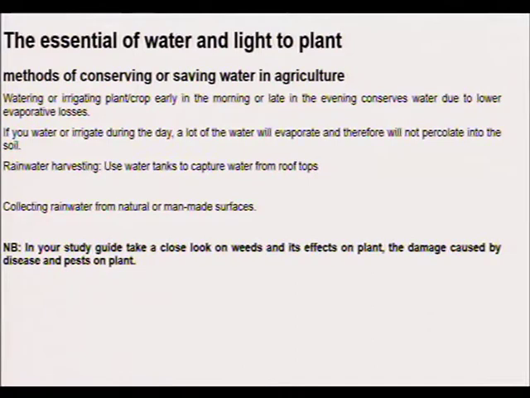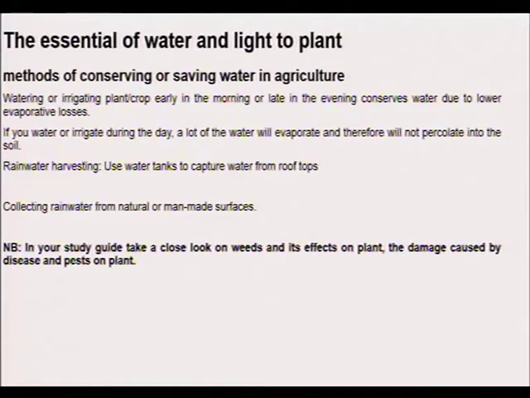If you water or irrigate during the day, as I am saying, a lot of the water will evaporate and therefore will not percolate into the soil. Rainwater harvesting is also one method of saving water, and this technique mostly uses water tanks to capture water from the rooftops. This water can be used for household consumption, and it can also be used for irrigation on our farms.